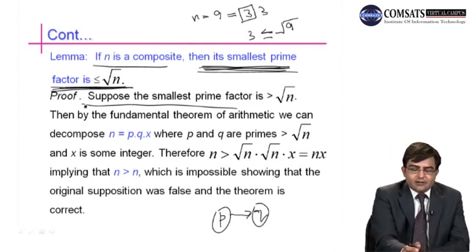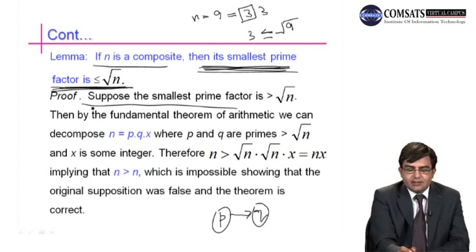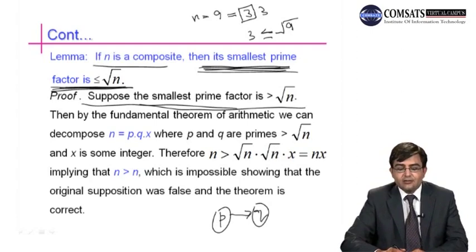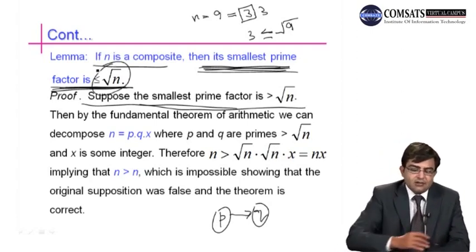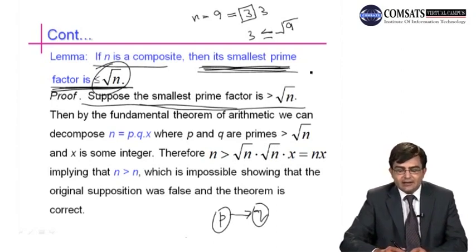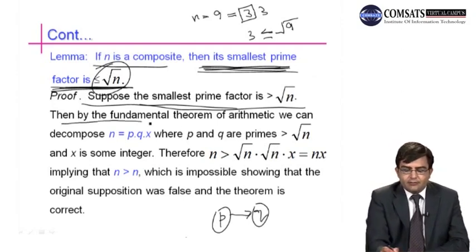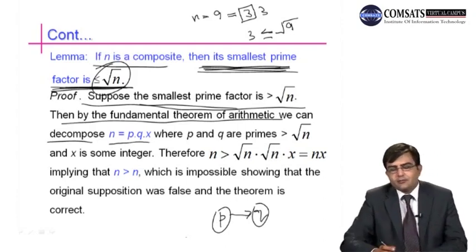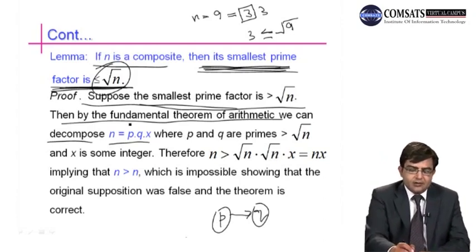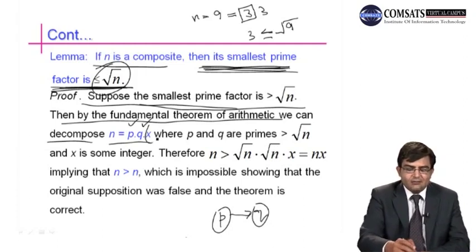So by the method of contradiction, we suppose that the smallest prime factor is greater than the square root of n. We have to prove that it is less than or equal to the square root of n, and what is the negation of this? This is basically greater than the square root of n. Then by the fundamental theorem of arithmetic, we can decompose n as a product of primes p and q and x, where p is prime, q is prime, and x is any number.